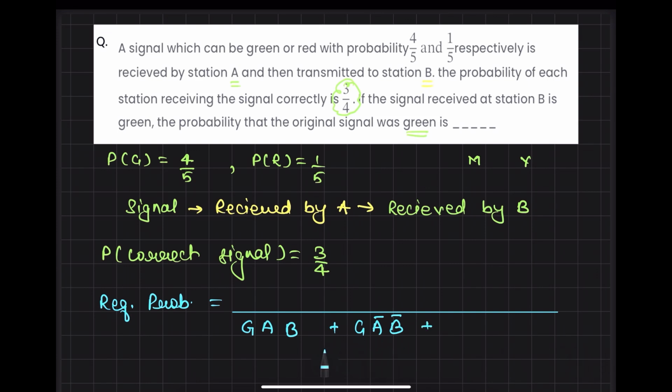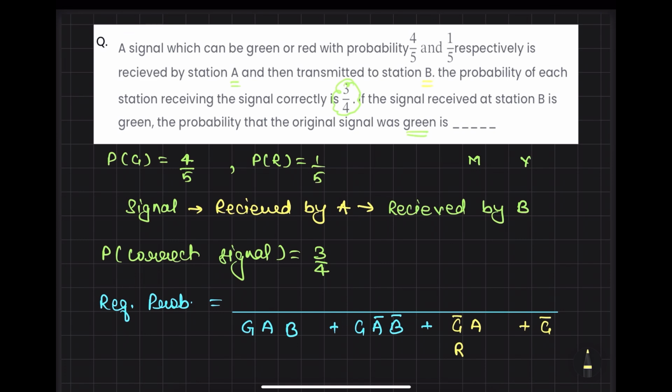Now suppose that it is not green. Here also it is not green. At the end you have to take care that you should have green signal. So not green means what? Red. So suppose that A will receive correct signal.